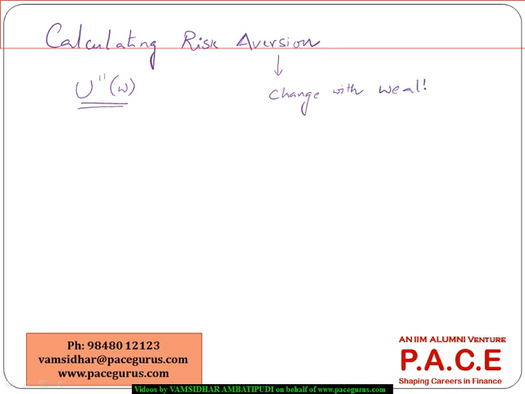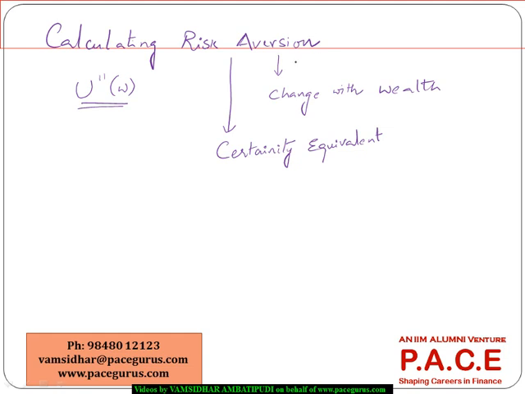So it's always necessary for us to compare the levels of risk aversion with its certainty equivalent. We can look at the certainty equivalent of various positions, and based on that we can assess whether the risk aversion levels are increasing with wealth or decreasing with wealth.